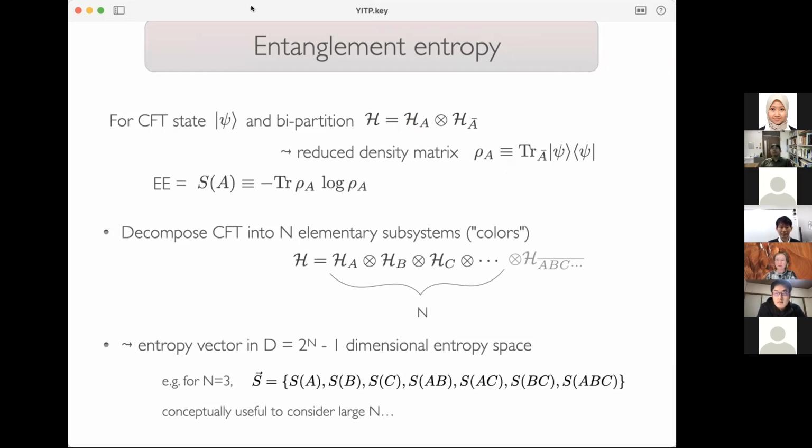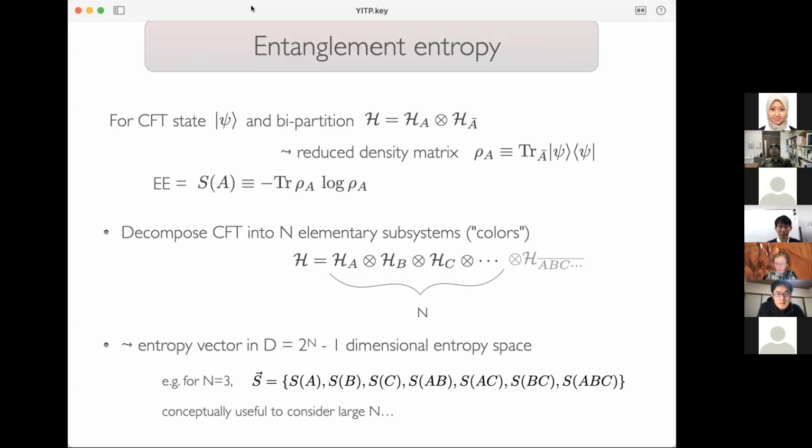So we'll imagine we decompose our field theory into n subsystems, and imagine the Hilbert space is factorized. We will choose these in the holographic context to be spatial regions of the space on which the field theory lives. And we'll label these subsystems by, I'll use the terminology color, that just means a label.